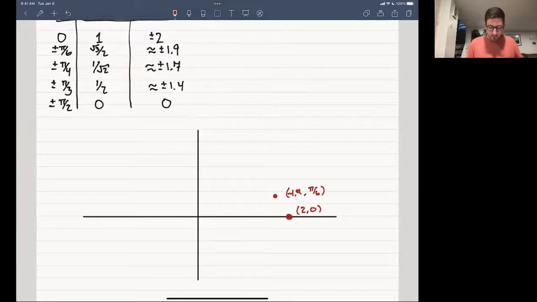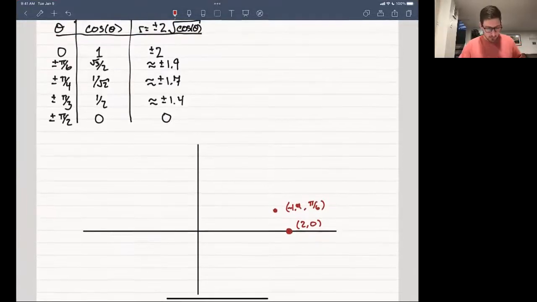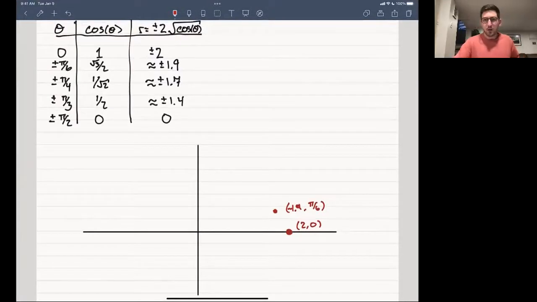Then let's do pi over 4 in this case. That's a complete right angle. We're somewhere up right around here at a distance of about 1.7. So our distance from the origin is going down.